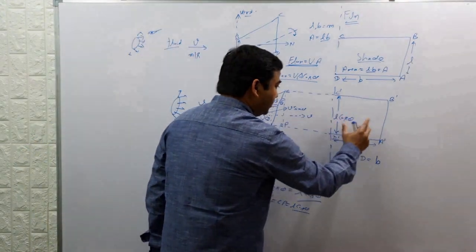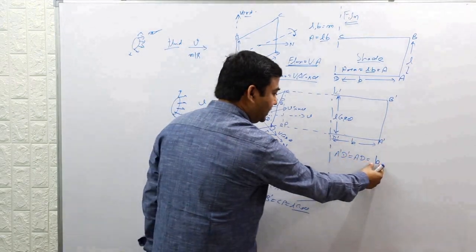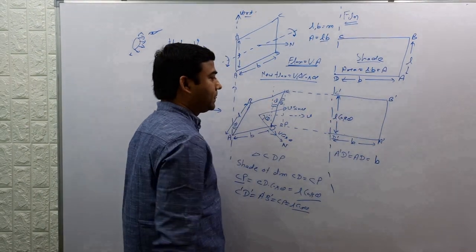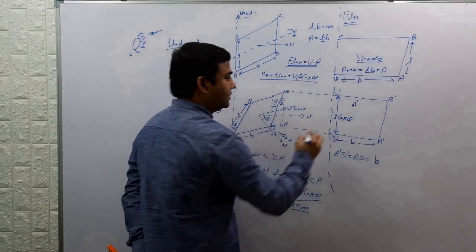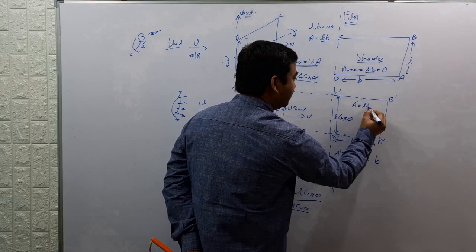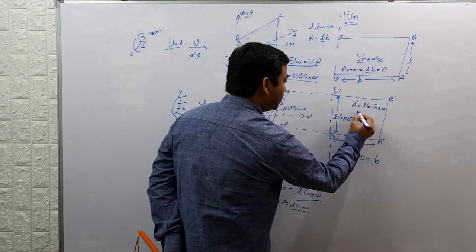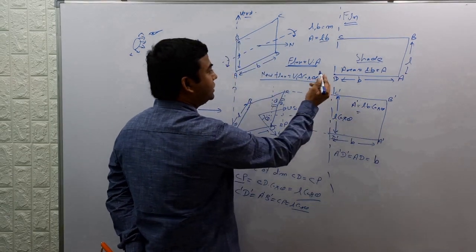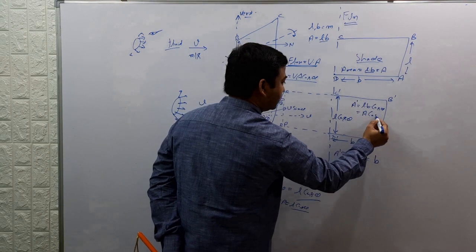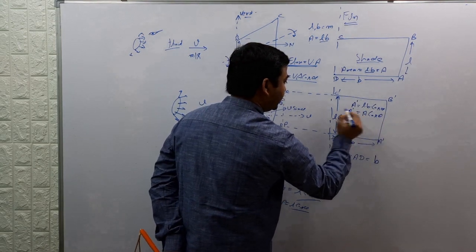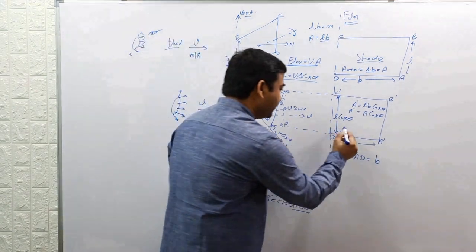So now the new dimensions of the shade of the rectangle are B and L cos theta. So the area of this shade, called A dash, will be L B cos theta. You can also write it as, LB being the original area A, A cos theta. A dash is the area of the shade.